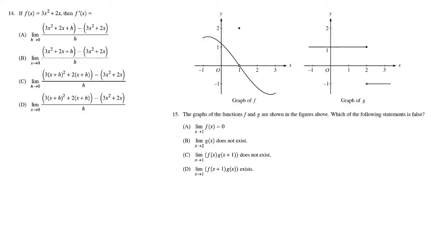Right, the next problem is dealing with the definition of a derivative. And so let's see here. When we're going through this, remember the initial definition, we had the limit as h approaches 0, f at x plus h minus f of x all over h.